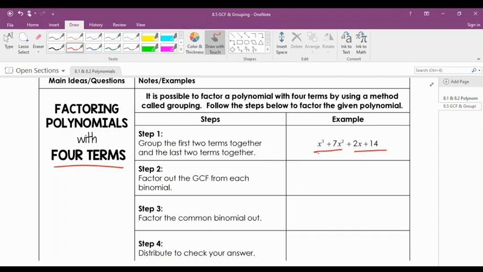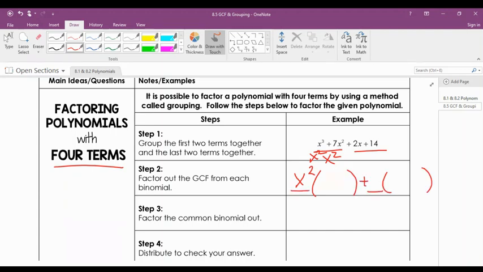So the first group has an X squared in common. I can divide those both by X squared. Let me go ahead and show you what I'm talking about here.